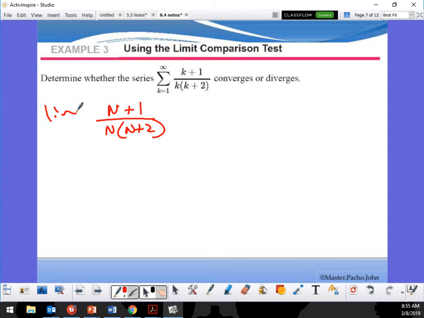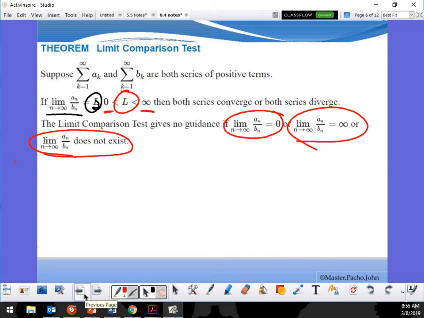So we're taking the limit as n goes to infinity.